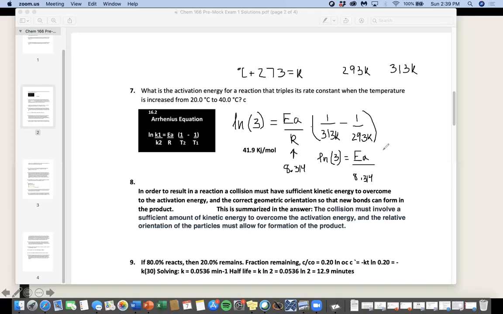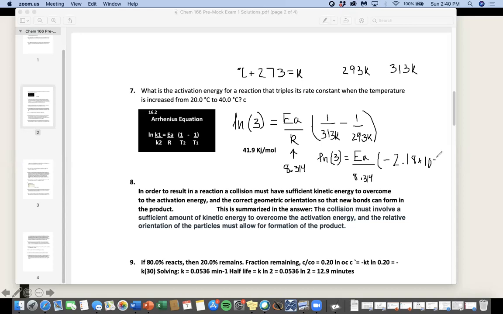If you remember that from the thermodynamics unit, that's just your constant. And so you have to divide your activation energy by 8.314, and then you have your two temperatures. So 1 divided by 313 minus 1 divided by 293 is negative 2.18 times 10 to the negative 4th.